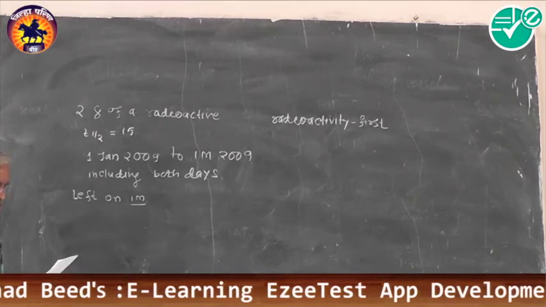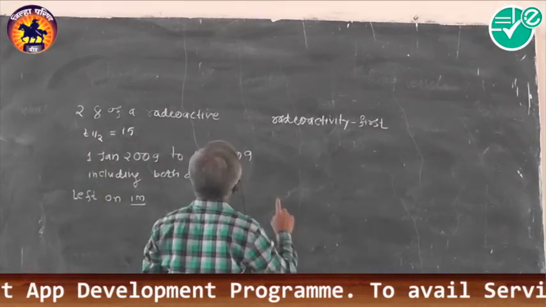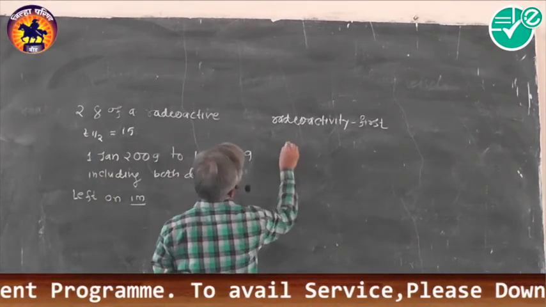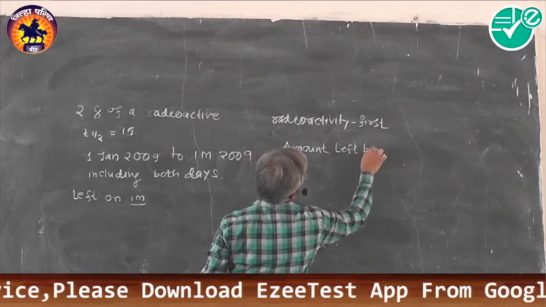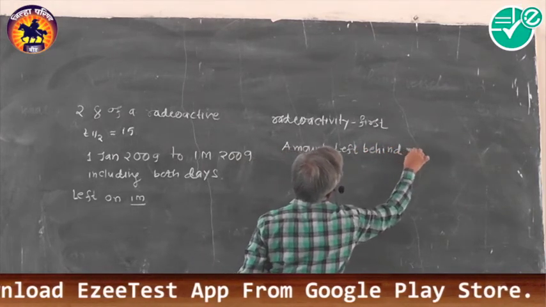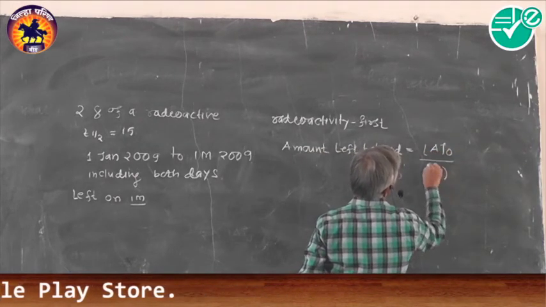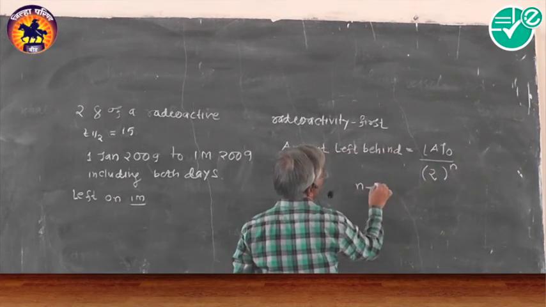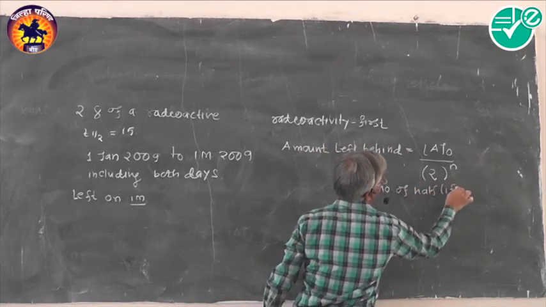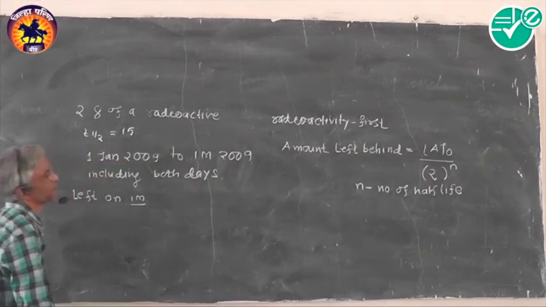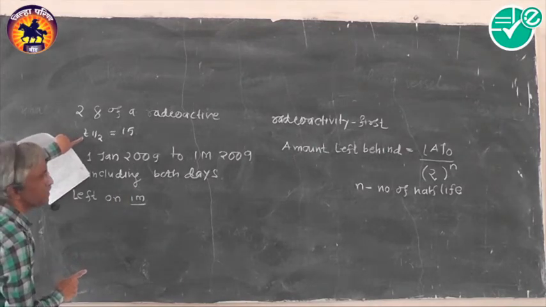For a first order reaction, the important relation between the half-life period and the amount left behind, which I have already given in theory also, is: amount left behind is equal to A0 upon 2 raised to n, where n stands for the number of half-lives.